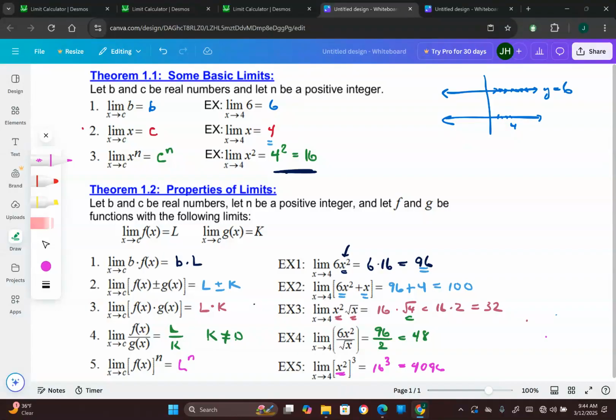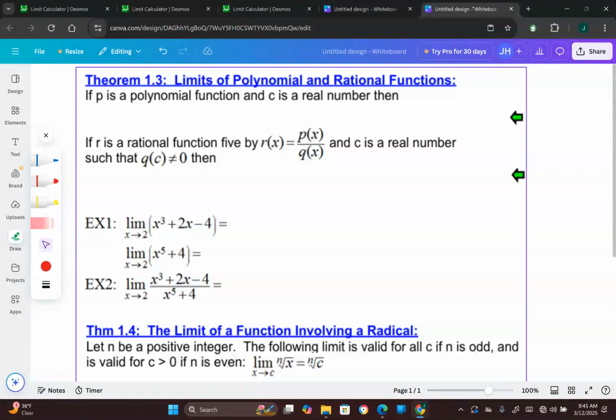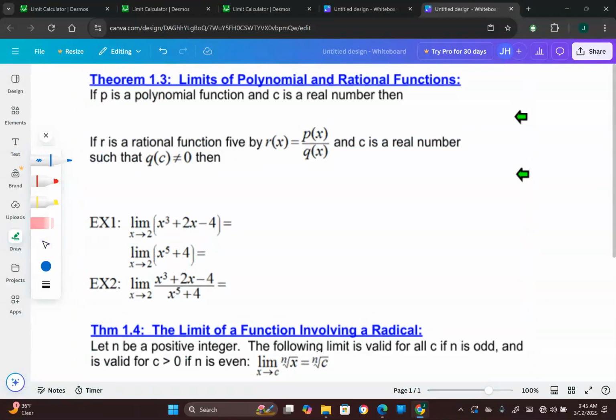So you can see how these basic rules for limits, if you have well-behaved functions, can work out really well. Now, we're going to talk about some other properties of some simpler functions. Let's talk about polynomials and rational expressions. Let p be a polynomial function, and let c be a real number. We're going to talk about the limit as x approaches c of p of x.